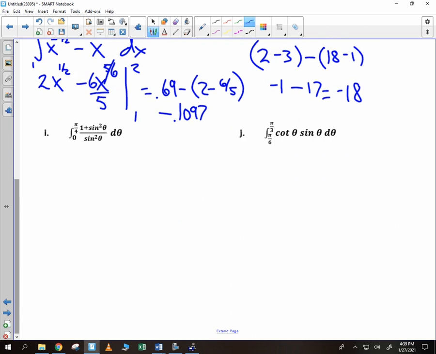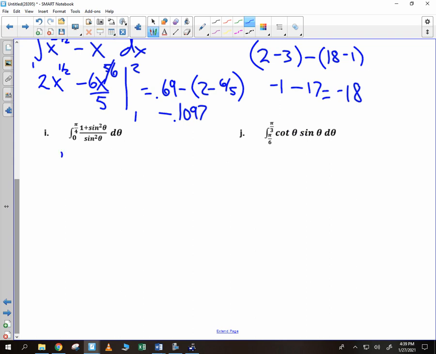We're not going to do letter J, but we are going to do letter I. Well, we'll do letter J. Letter I, notice we're dividing by sine squared.